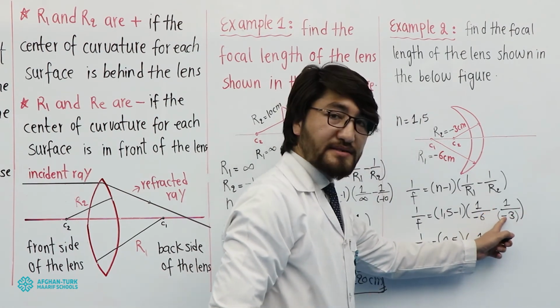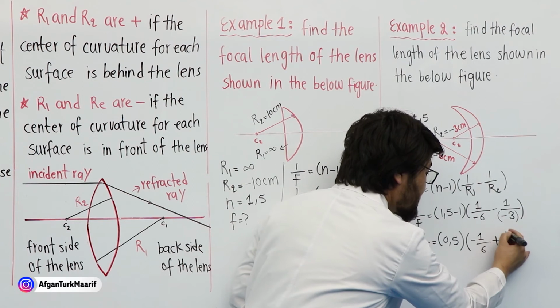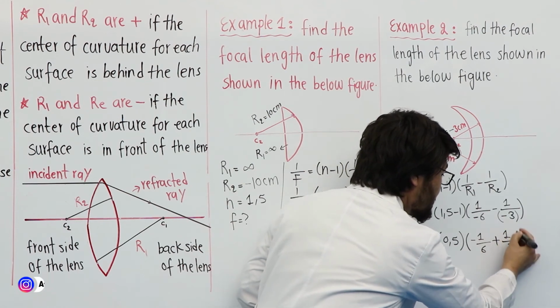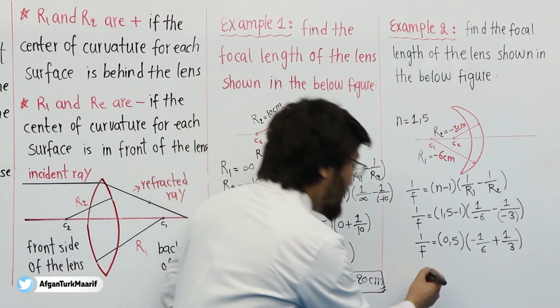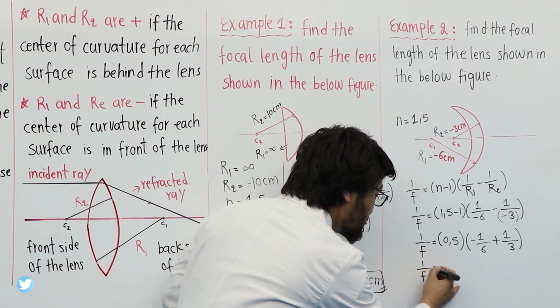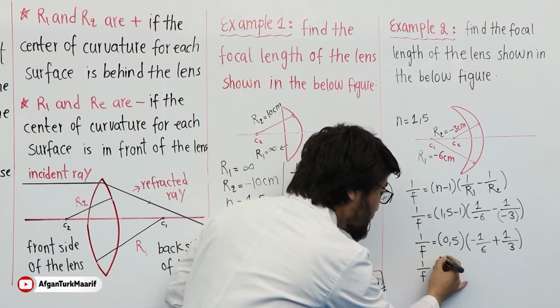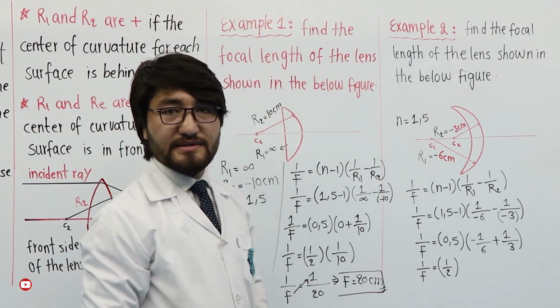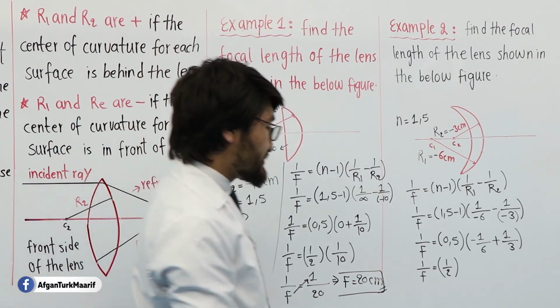Minus divided by minus becomes positive, positive 1 over 3. And 0.5, we can write as 5 over 10, which is 1 over 2.